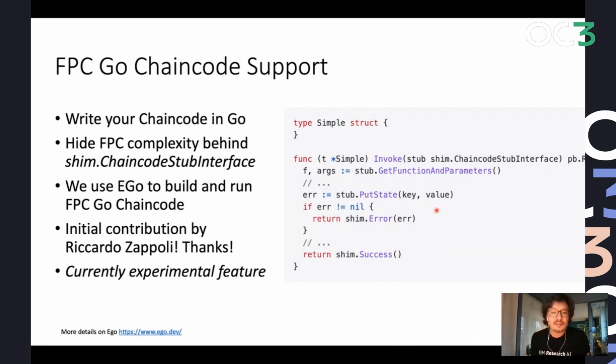As mentioned, we use the Ego compiler to build and then run the FPC Go chaincode. The most fascinating thing for me on this particular project is that this was a contribution by a student here from Switzerland who provided the initial contribution as part of his master thesis. So Ricardo, thank you so much for that contribution. This is awesome work. However, since we are still working on that, this feature is currently tagged as experimental.